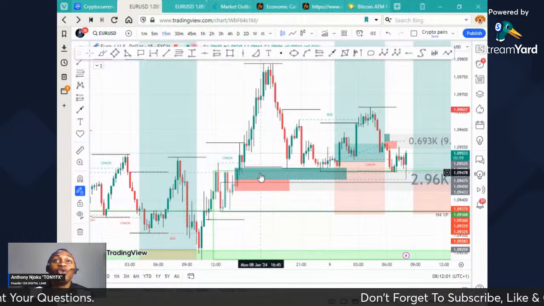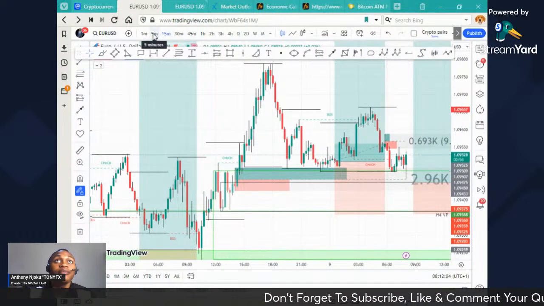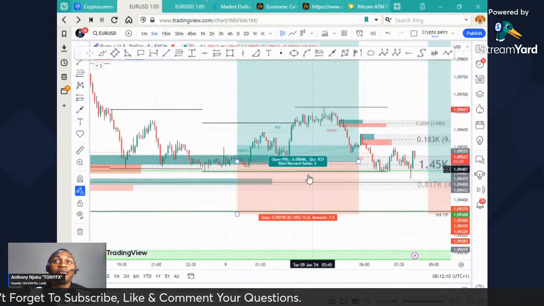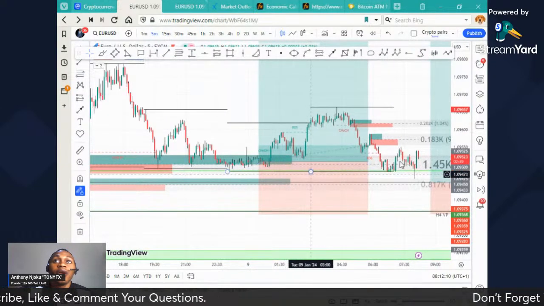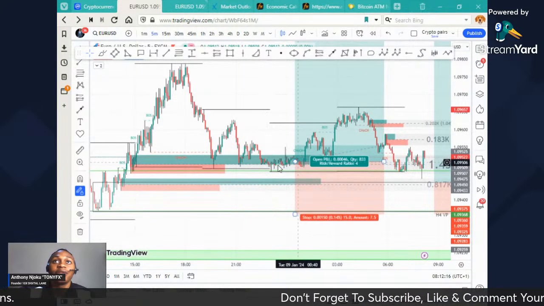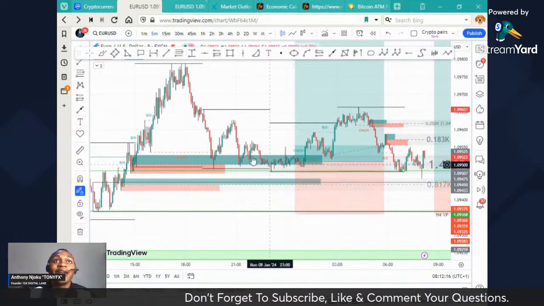And let's see the 5 minutes order block. Okay, so the 5 minutes order block is over here, which is also quite higher than the 45 minutes order block.